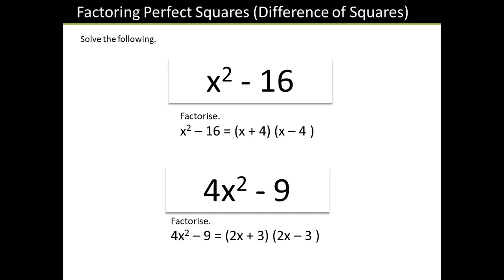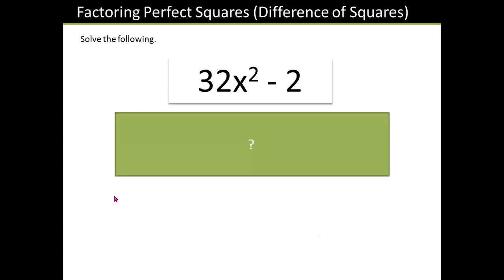Okay, so online, please follow and try to figure out what you see on your screen. Next, factor out 32x squared minus 2. All right, again, 32x squared minus 2.